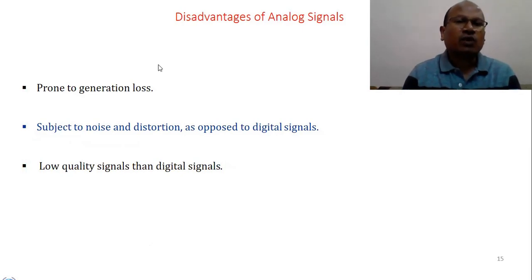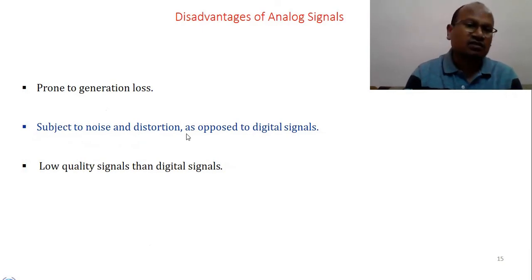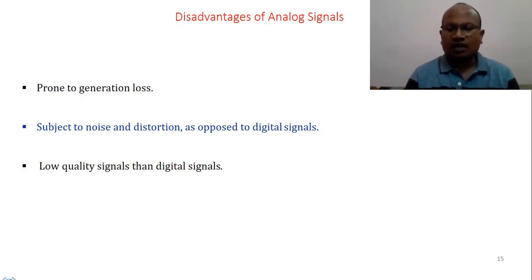Finally, disadvantages of analog signals. Analog signals are prone to generation loss. Analog signals are subjected to noise and distortion as opposed to digital signals. Analog signals are of lower quality than digital signals. So this is how we come to the end of this lecture, and we have discussed analog and digital signals, where we have defined analog and digital signals.